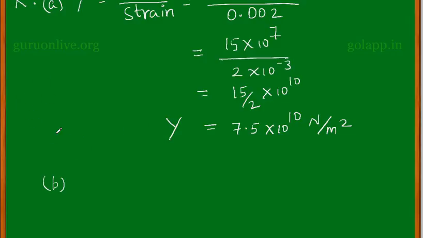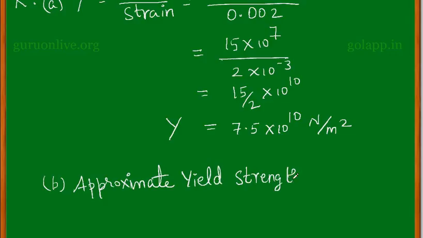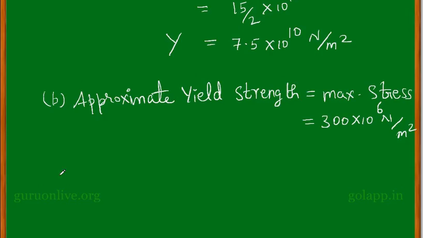So, the maximum yield strength, so your approximate yield strength is equal to maximum stress, which is equal to, as identified from the graph, 300 into 10 to the power of 6 Newton per meter squared.